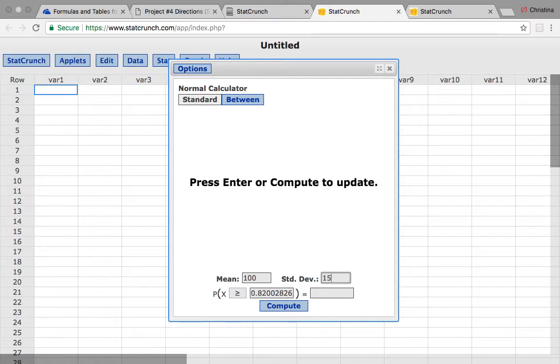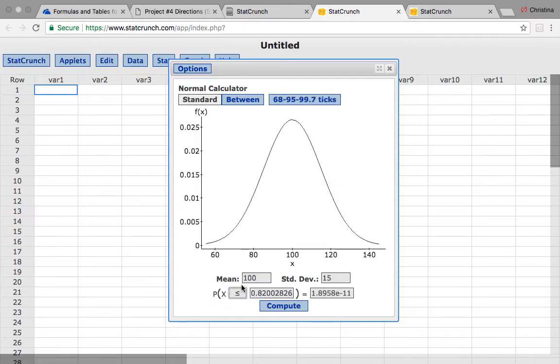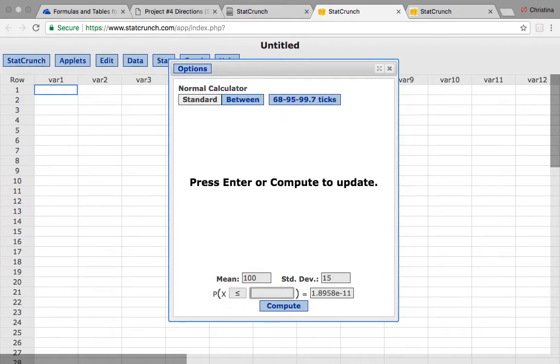Then we need to find the percentage of scores that are less than 118, so I'm going to do less than. I'm taking this out so we can replace that with what our question's asking. Less than 118, and then click compute.